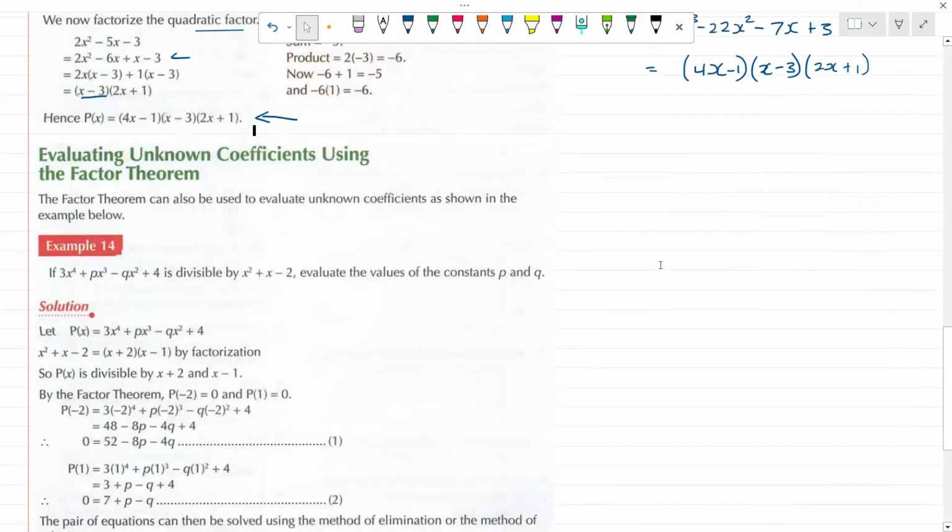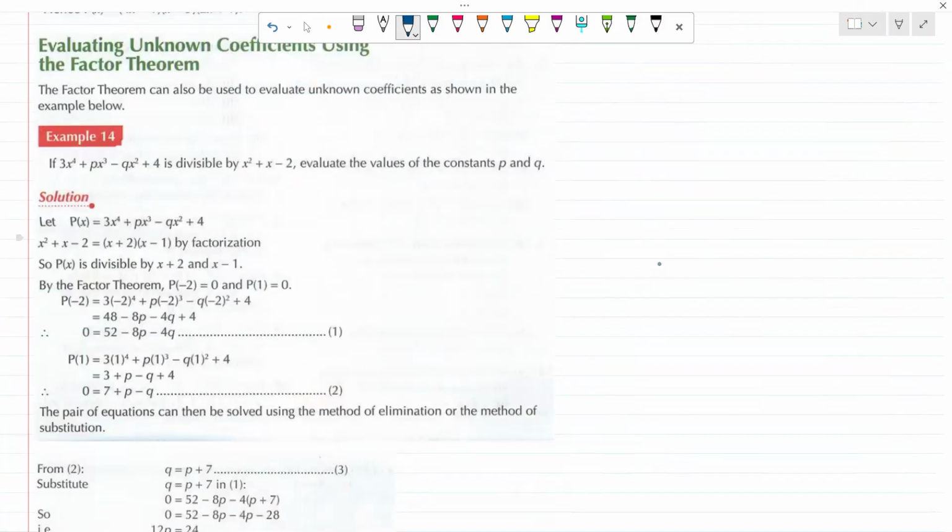Now, we could evaluate unknown coefficients using the factor theorem, similar to what we did in the remainder theorem as well, right? So for example, if they say here that 3x to the 4 plus px cubed minus qx squared plus 4 is divisible by x squared plus x minus 2, evaluate the values of the constants p and q.